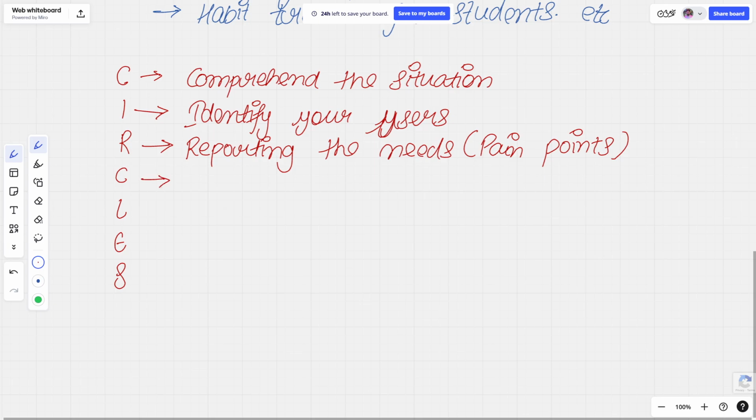And again, here there will always be limitations about the resources, the money, and the timeline. So we have to prioritize, as we can only solve a few pain points of the users.